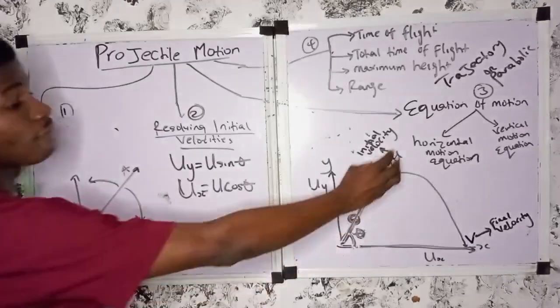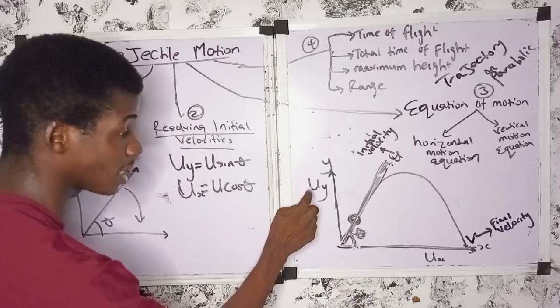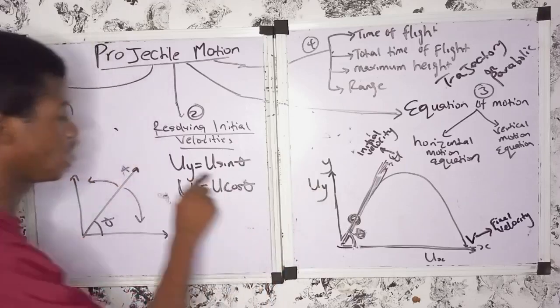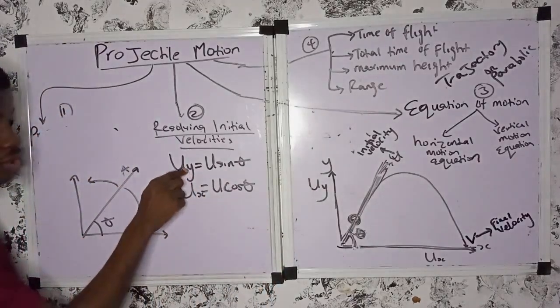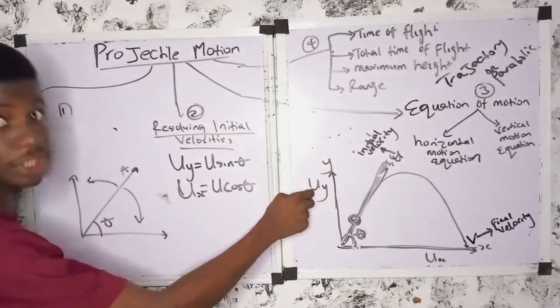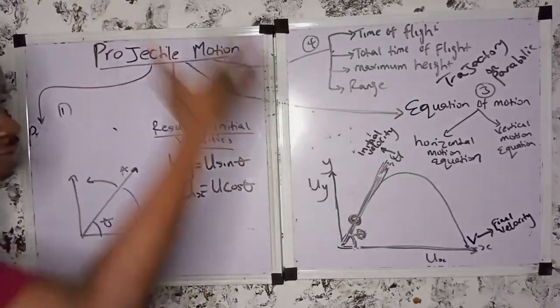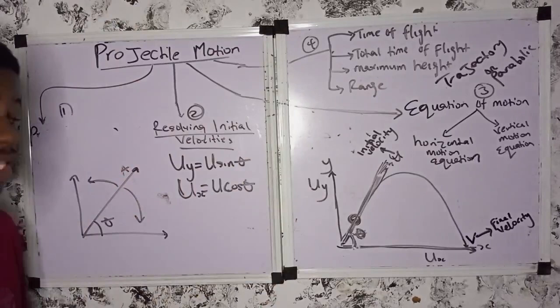Now, resolving the initial velocity of this body to the y-axis gives the vertical velocity, which equals u sine theta. Remember, on the vertical axis we always use sine, while on the horizontal axis we always use cos.